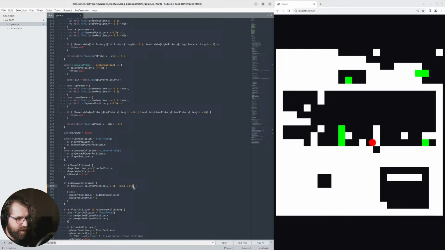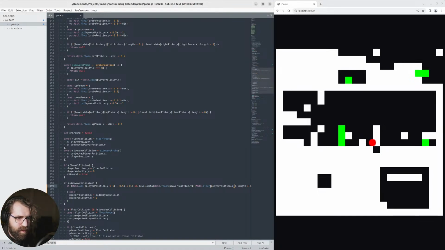So if this, and we're going to probe basically the position to the left. Oh, data, so it's going to be player position Y, math.floor. And then player position X, math.floor. This line is getting very long. We should deal with that, but in a moment.